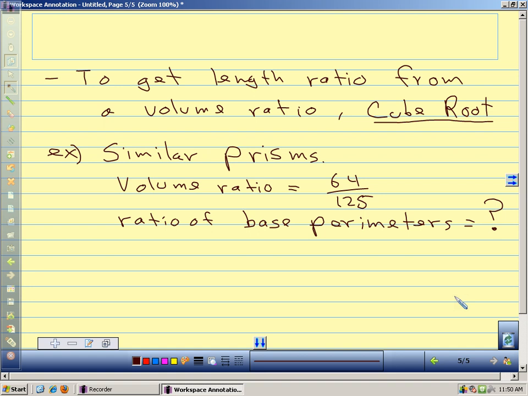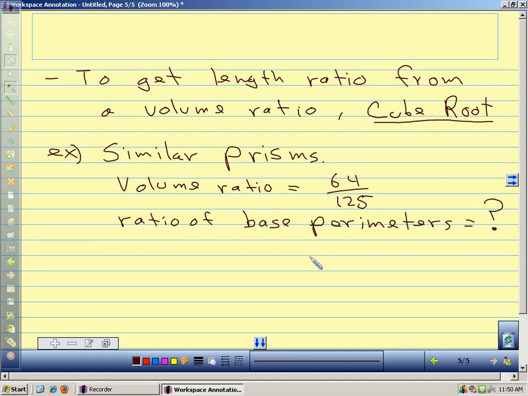So we know the volume ratio is 64 over 125, and we want to figure out the ratio of the base perimeters. Perimeter, is that a measure of volume, area, or length? Perimeter a measure of volume? No. So are we asking about the area of the base? The perimeter of the base.